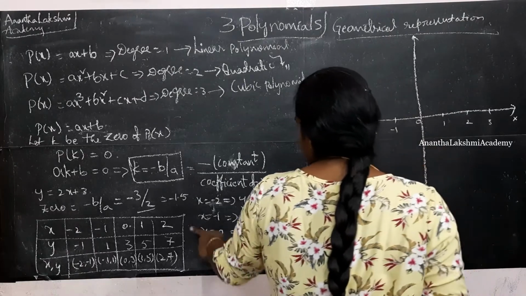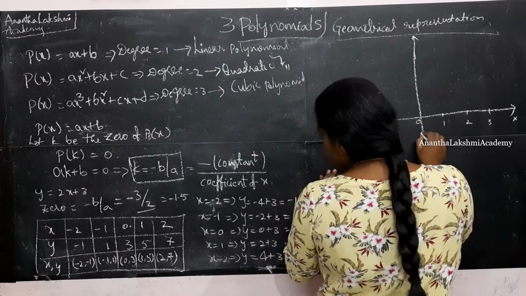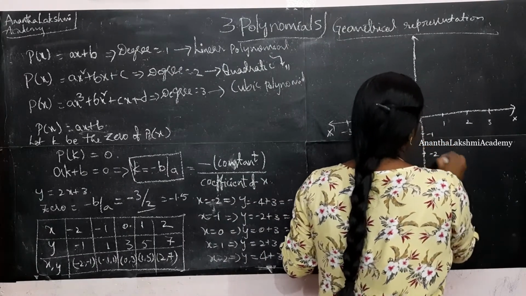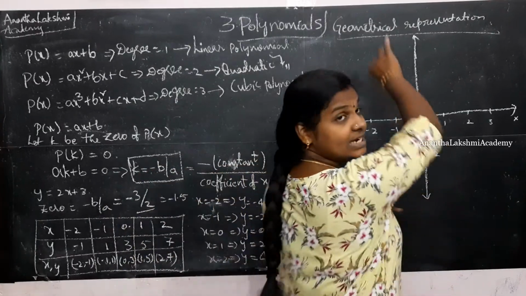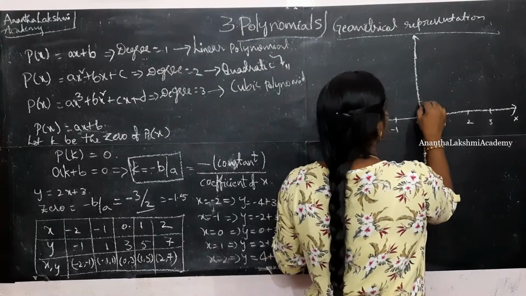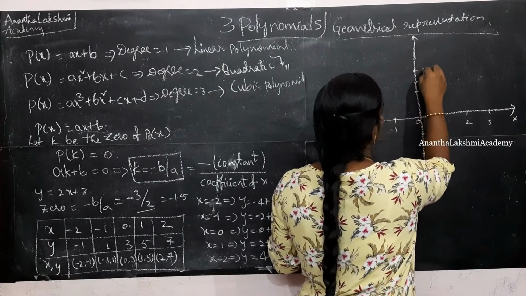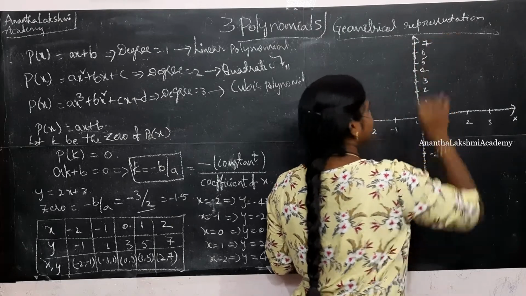Okay. So here on y-axis I am going to write it. This is -1 and -2. But on y positive axis we need a value till 7. So this is going to be 1, 2, 3, 4, 5, 6 and 7.